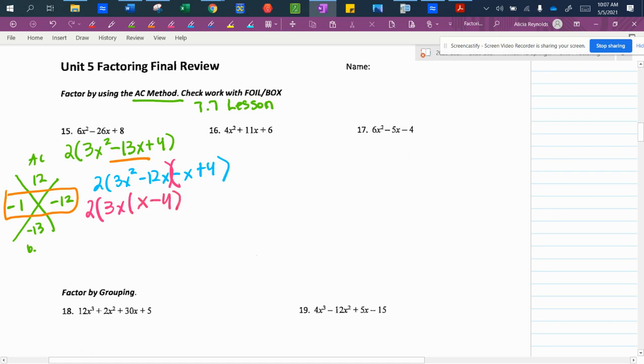If I want to get x minus 4 for my second pair, I need to factor out a negative 1. And we have to double close our parentheses here because this whole thing is multiplied by 2. So now the GCFs that I took out become their own factor pair, and then I bring down the common one.